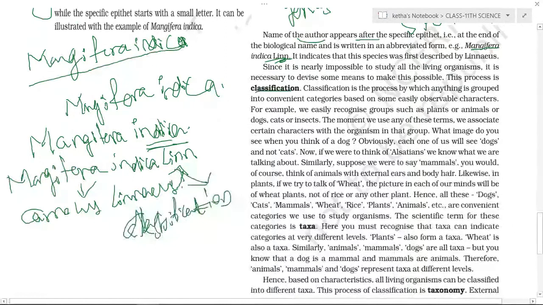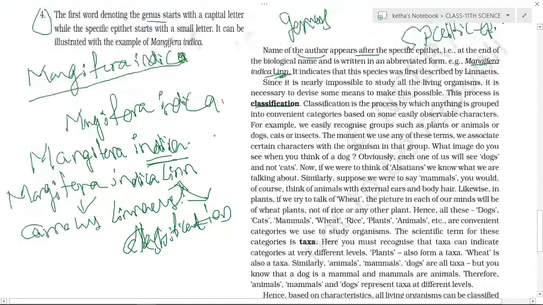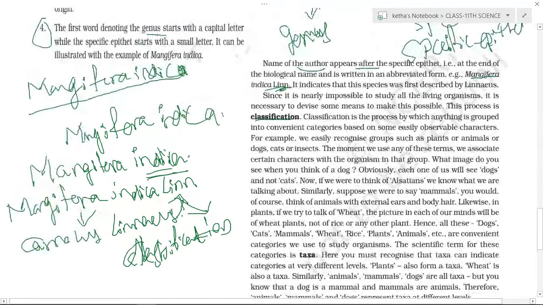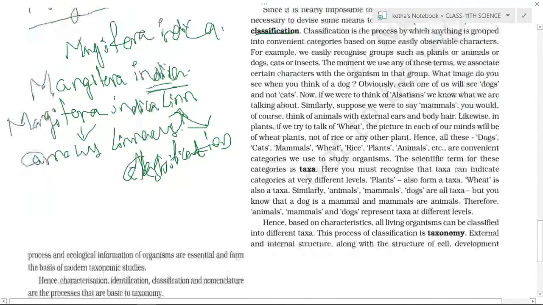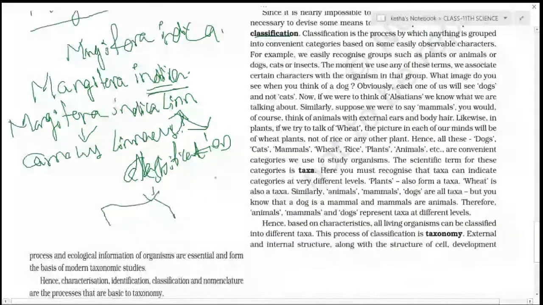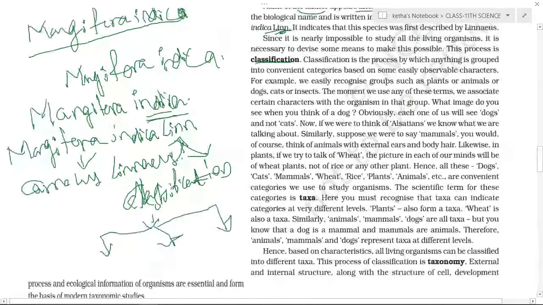Classification is the process by which anything is grouped into convenient categories based on some easily observable characters. So classification is a process where we group things into our convenient categories. We can categorize organisms based on our convenience.